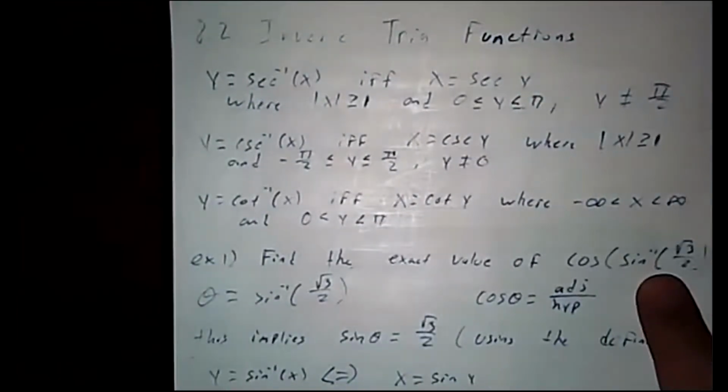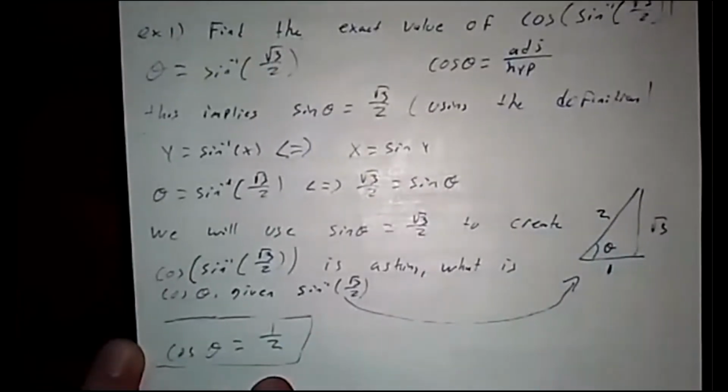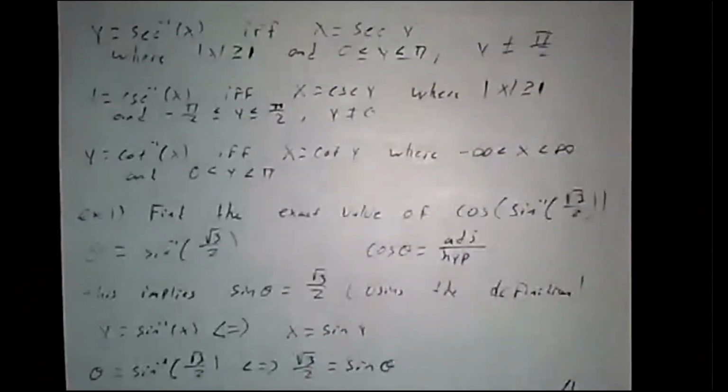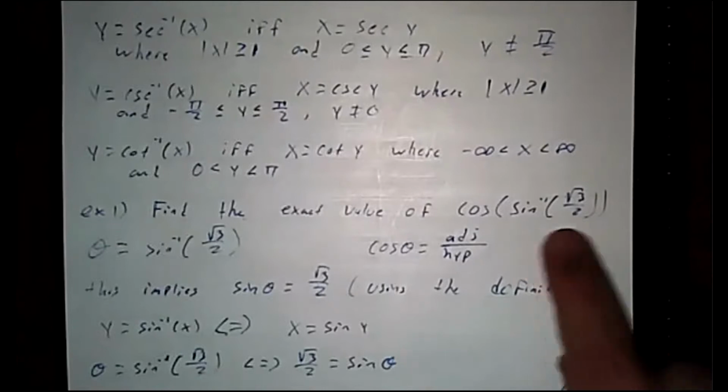You use the inside to build the triangle. Once you use the definition to change it, as we did here, build the triangle, and then get the cosine, because the original question was, what is cosine given this? Okay.